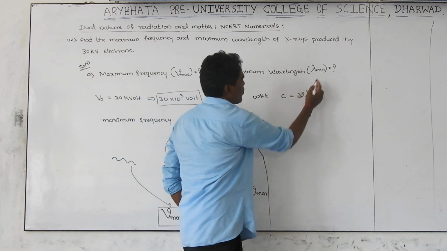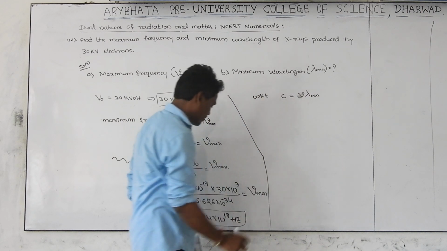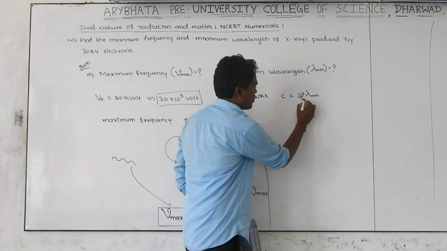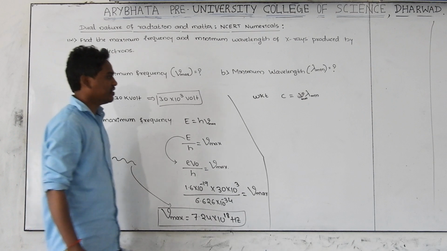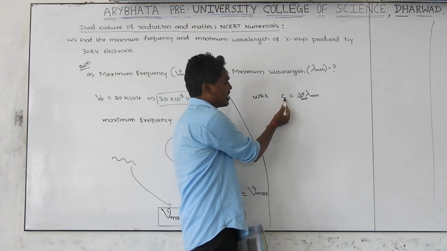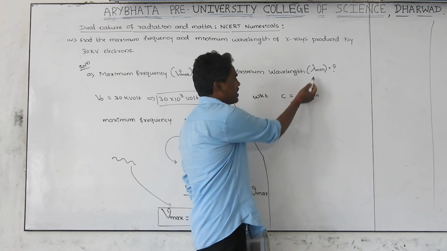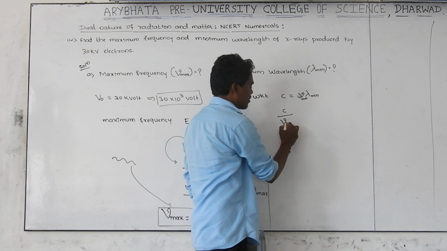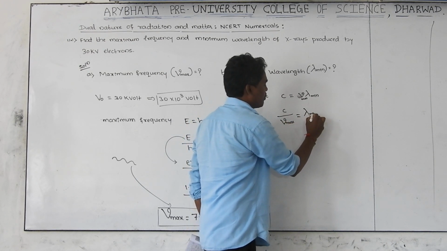Make it minimum wavelength, and you already found the frequency as nu max. We need to find the lambda value: c divided by frequency is equal to lambda minimum.